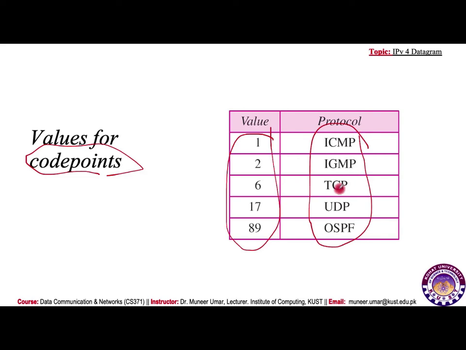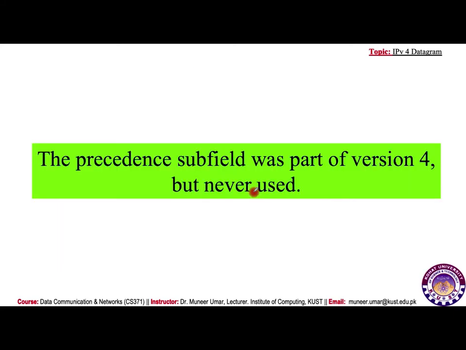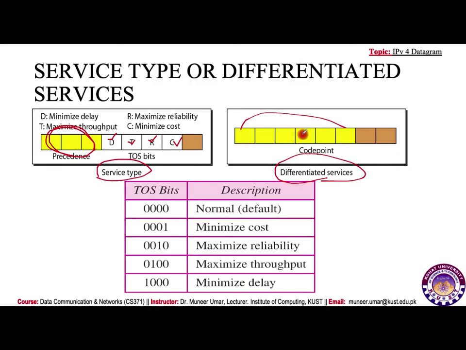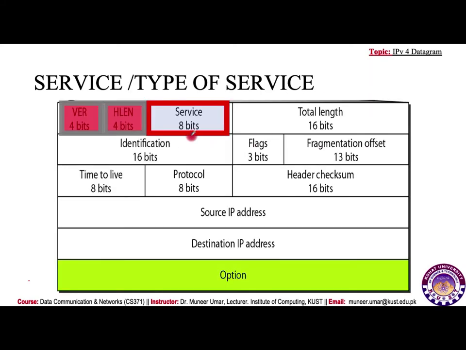For example, for TCP we must provide 6, which is equivalent to 110. Here we will put 110 in the code point, having differentiated services in the type of service.